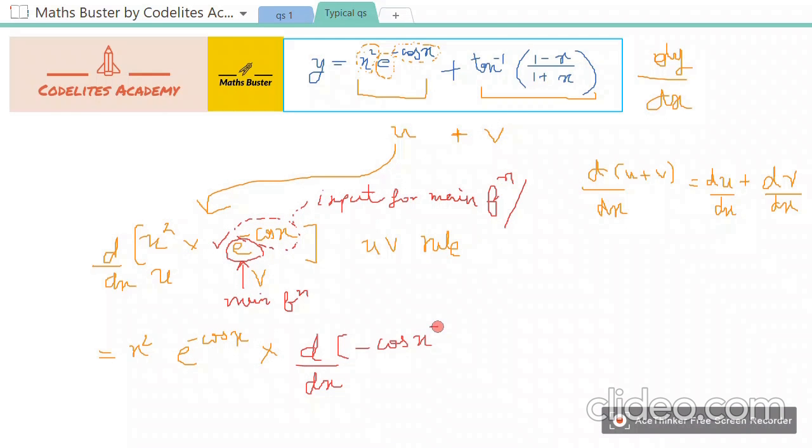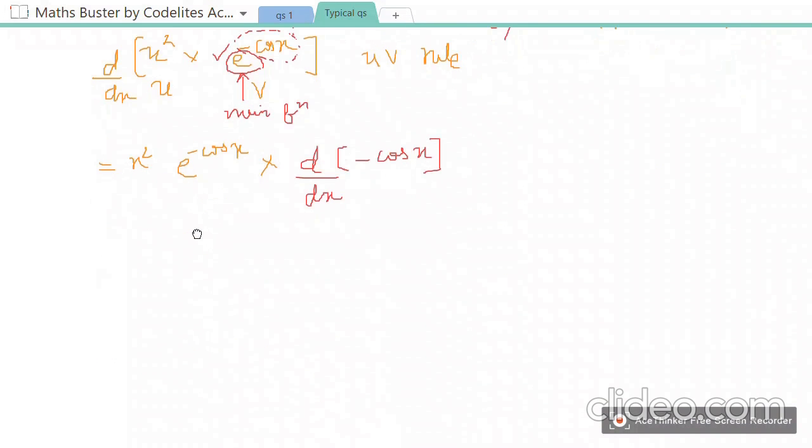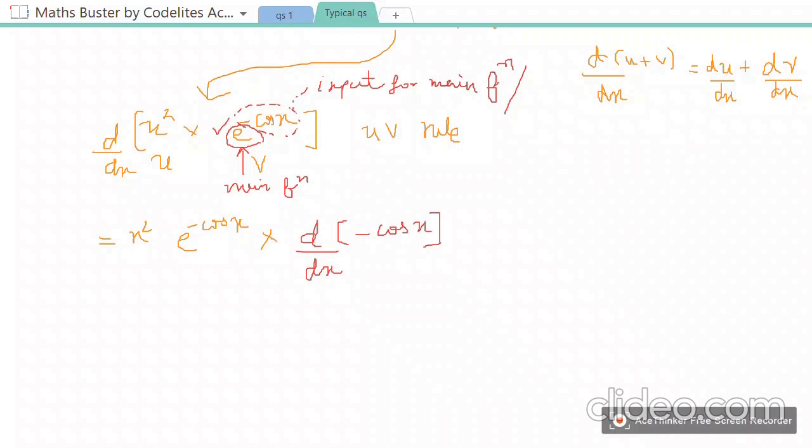Let us clarify: if suppose cos of x square was there here, then still the chain rule would continue, and we would be differentiating d by dx of x square. Why? Because in x square, x is your variable, but what is the function?